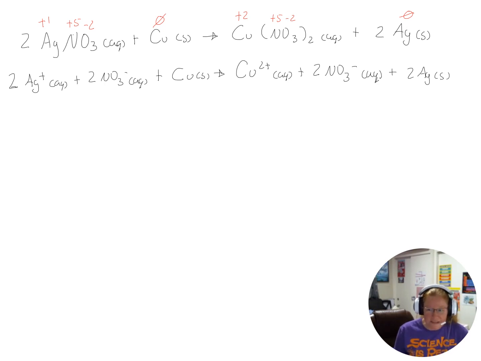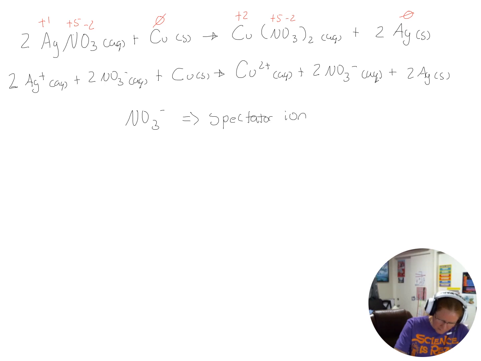So what's the same on both sides of this equation? The nitrate ion. So the nitrate didn't do anything. The nitrate is what we call a spectator ion. It did absolutely nothing. It started off as an ion floating around in solution. It ended as an ion floating around in solution. It did nothing.